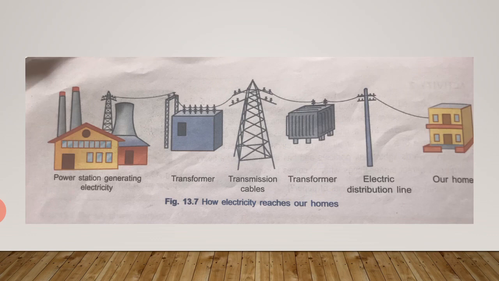Next slide. So here I have shown the diagram for the transmission of electricity from the power station to our houses. See the diagram. In power stations, by using any of the methods I have mentioned above, the electricity is generated and that electricity is transferred to the transformer. So here, from the power station to the transformer, right?